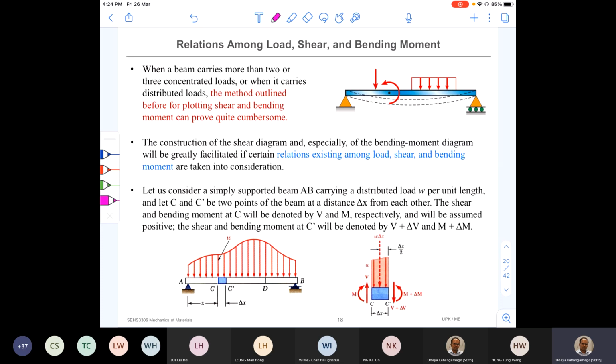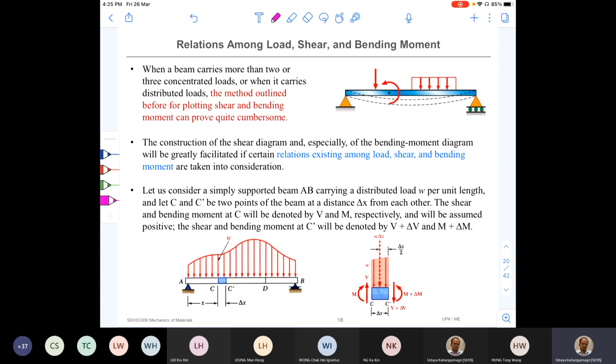Why are there internal shear forces and bending moments? Because of the externally applied loads. So the size and nature of the load affect the shear force and bending moment. If you understand that relationship, we should be able to construct the diagram faster.